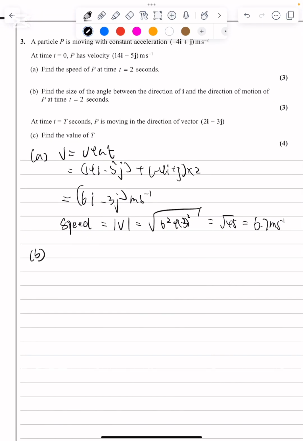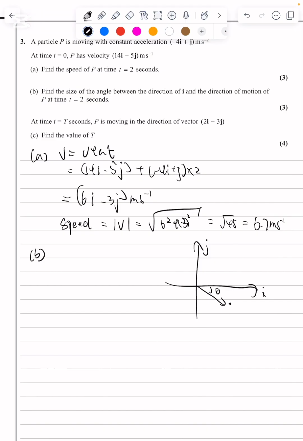Part B. Find the size of the angle between the direction I and the direction of motion. So if we draw it out, this is the I direction and this is the J direction, right? So 6, negative 3 is like this. And then we have to find the size of this angle.